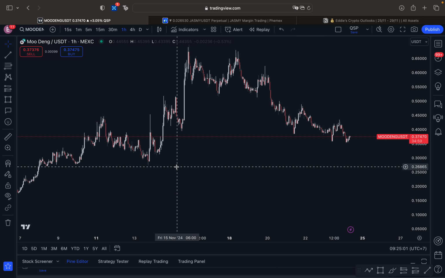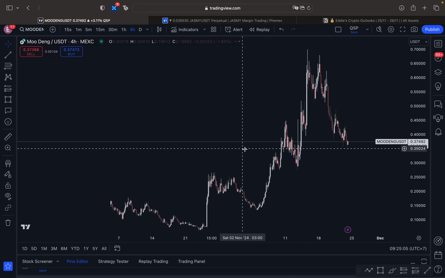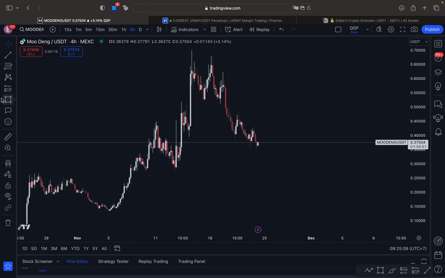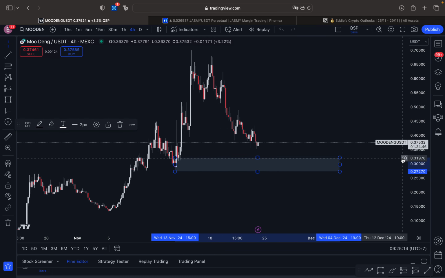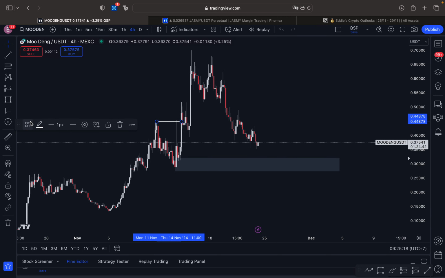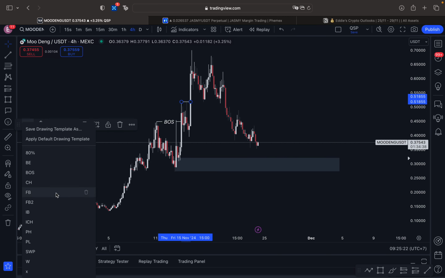I don't want to force it. But this area does look good, I can't lie. So I'm just gonna mark it out. I'll take a risk on this meme coin. Break of structure. F boss.